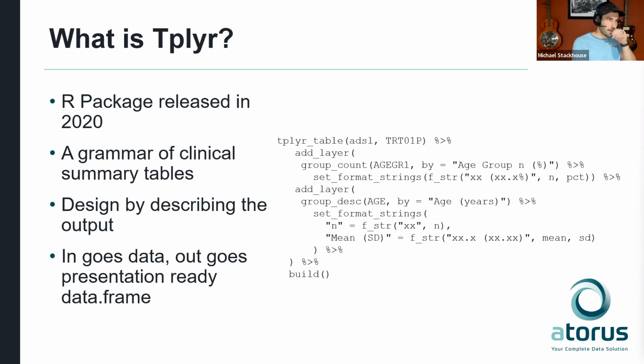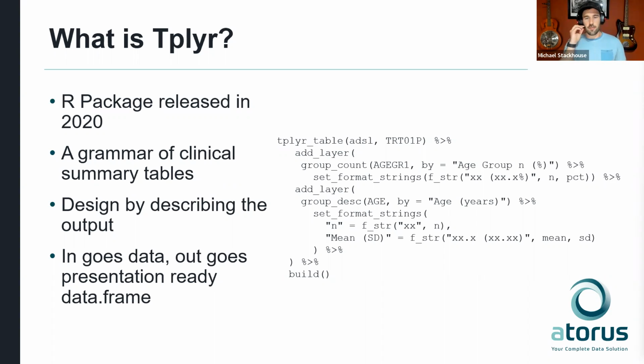The other idea here was that we also wanted to stay in our lane, and we limited the scope of tplyr to producing an output presentation-ready data frame rather than doing all of the styling. When it comes to how you present the table itself and prepare the display, we wanted users to have whatever option they wanted of whatever library they prefer for styling, be that flextable, huxtable, or gt.